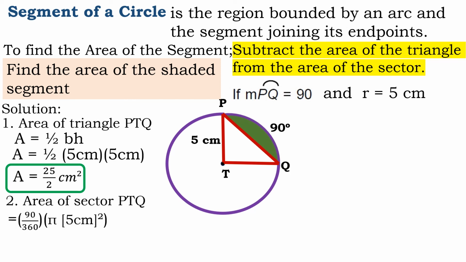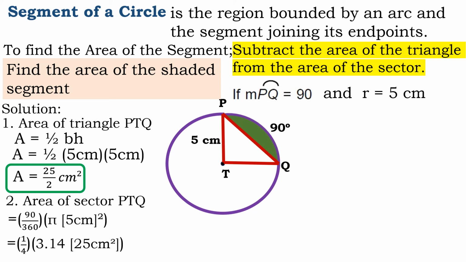Then let us now find the area of sector PTQ. So let us take the measurement of arc PQ, which is 90 degrees, divided by 360 and multiply it by the area of the circle, which is pi times the square of the radius, 5 centimeters squared. So let us simplify. 90 over 360 when reduced to lowest terms is 1/4.